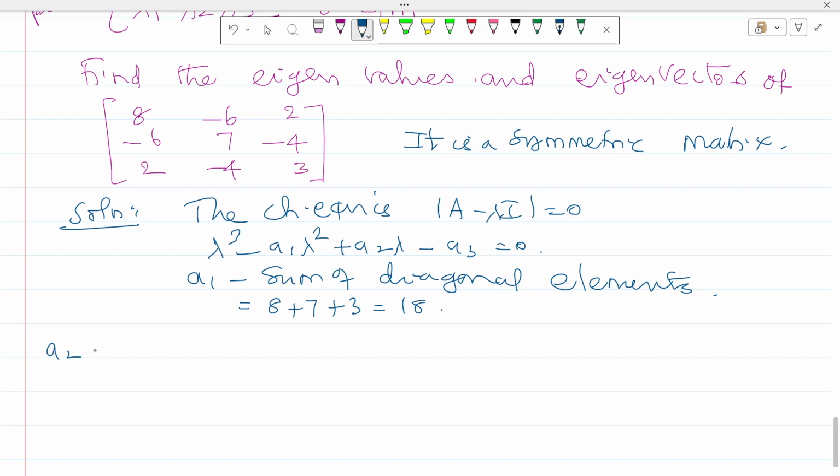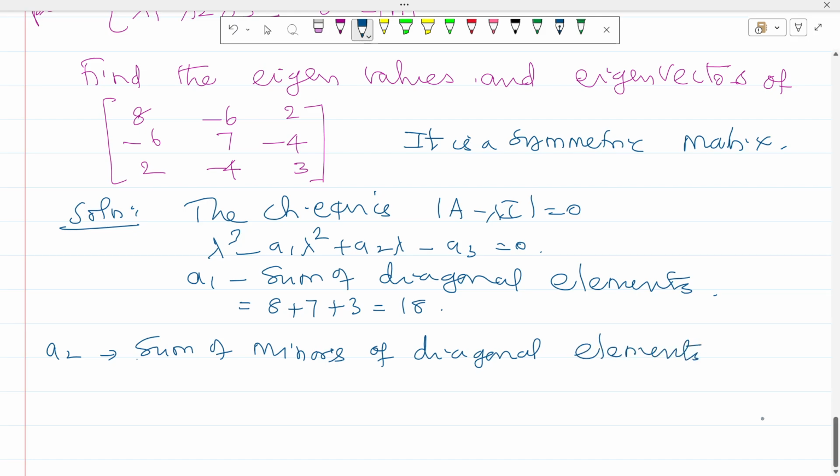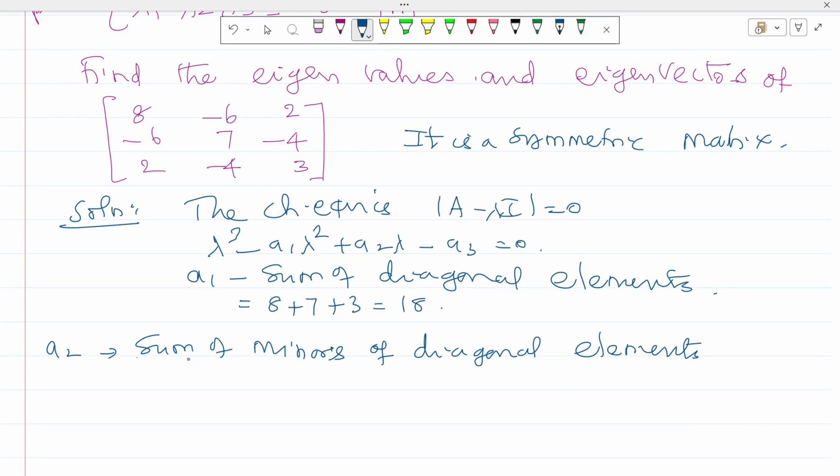A2 is the sum of the minors of the diagonal elements. So what is the sum here? The first diagonal is 8, leave that row and column: 7, -4, -4, 3.